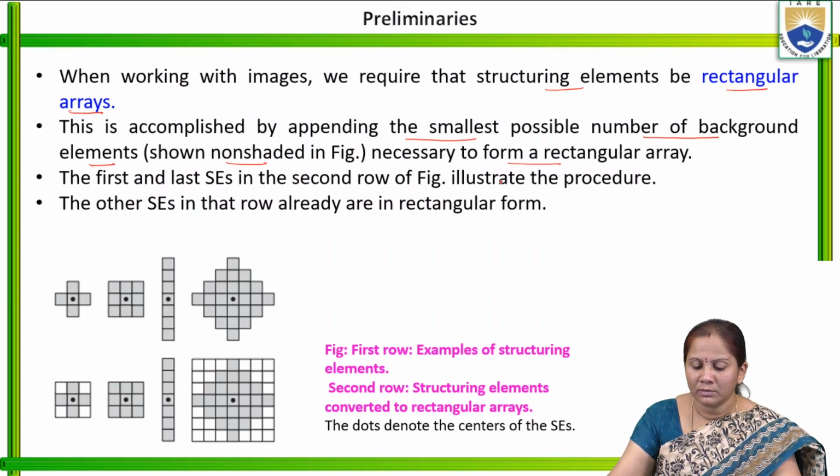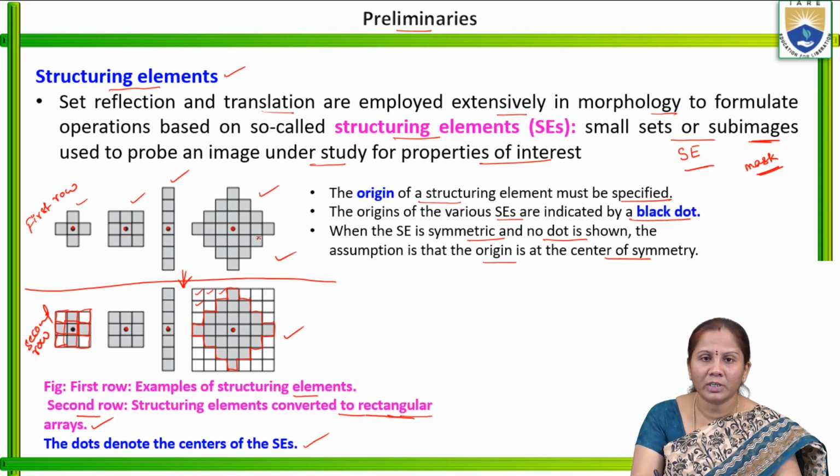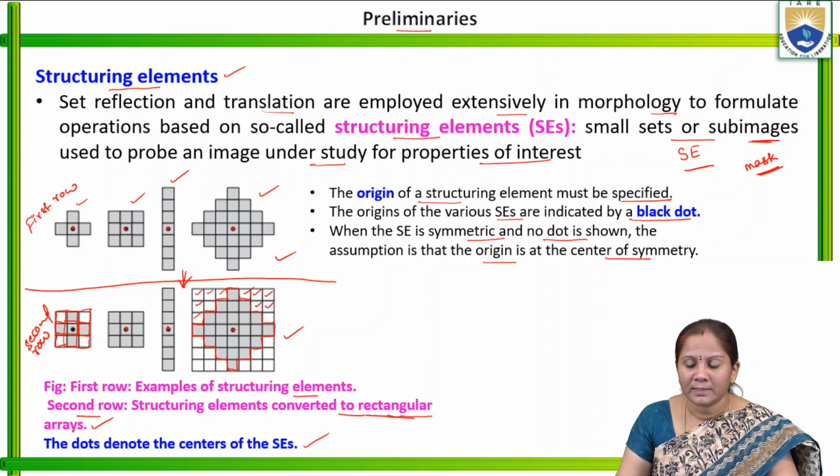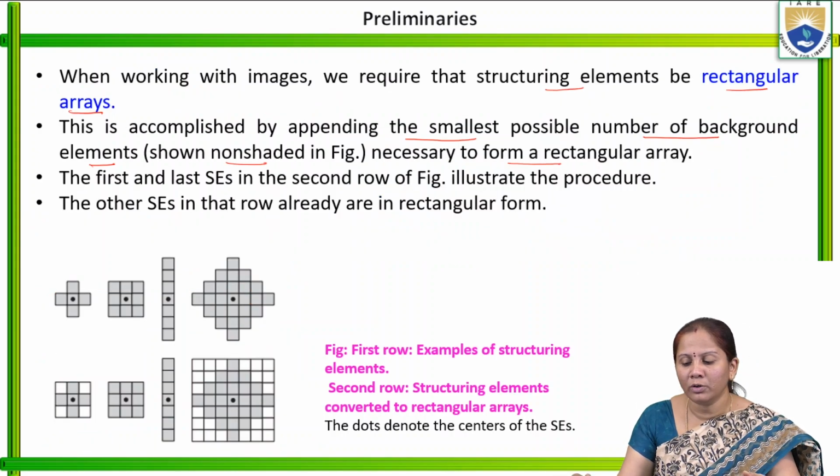Here we can see these are the actual structuring elements. All these we can call the non-shaded elements. We have to include them in order to convert it into a rectangular array.